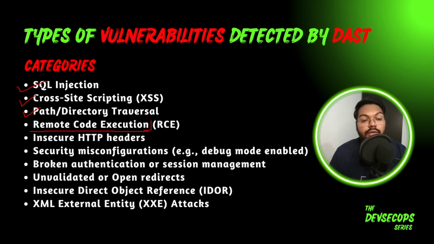Remote code execution is one more harmful way that it could destroy your entire infrastructure. Then insecure HTTP headers, and security misconfigurations in your application, if it can go into debug mode or something else. Then broken authentication or session management.